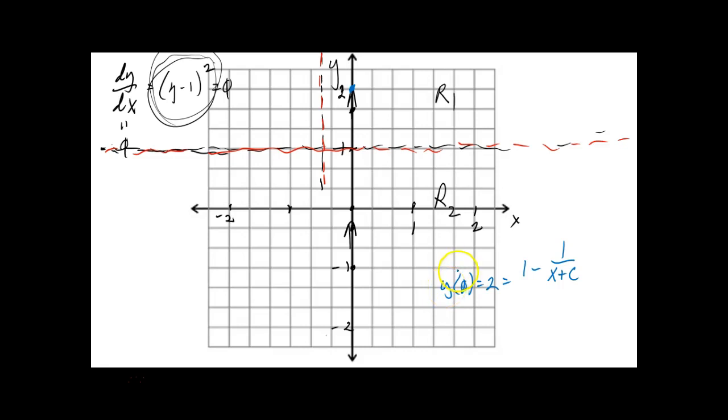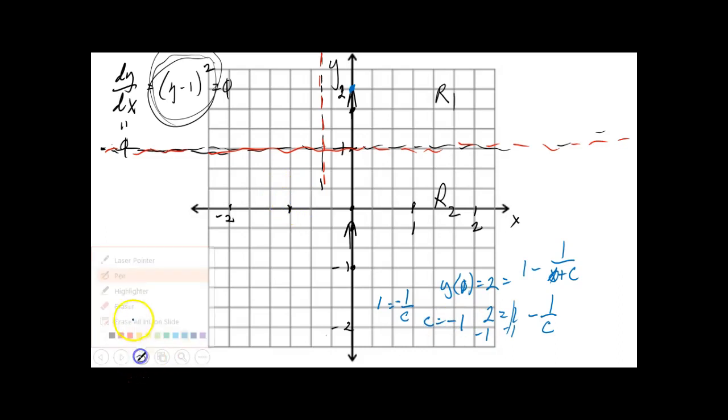So when x equals 0, then of course that will be 0, and you have 2 is equal to 1 minus 1 over c. Subtract 1 from both sides, and that becomes 1 is equal to negative 1 over c. So c is equal to negative 1.